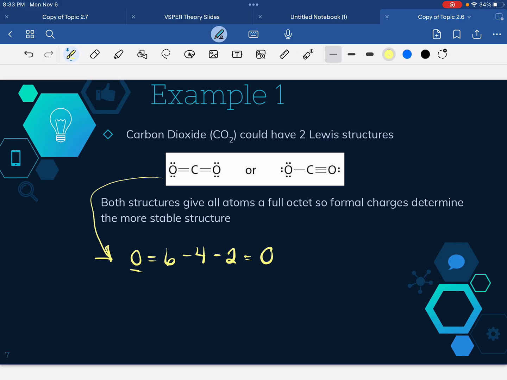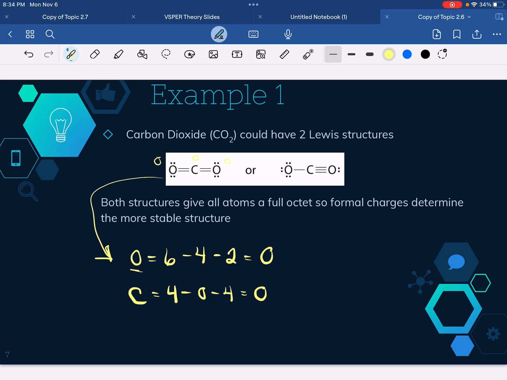Both oxygens have a 0 formal charge. Then we look at our carbon. We have 4. There are 0 lone pair. And 2, 4, 6, 8. Half of that is 4. And it's 0. Okay, so we have a 0 formal charge here, a 0 formal charge there, and a 0 formal charge, which you can't see very well on the white.